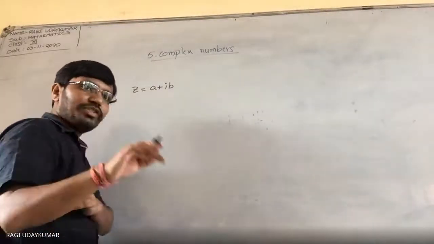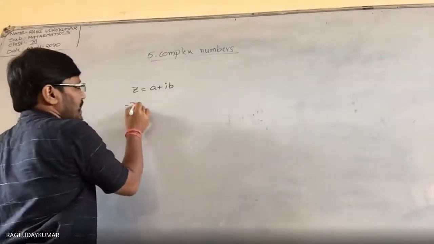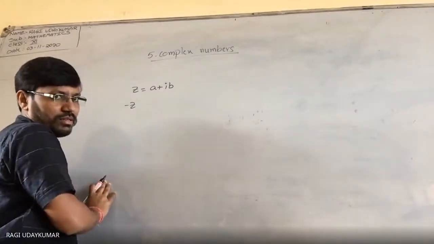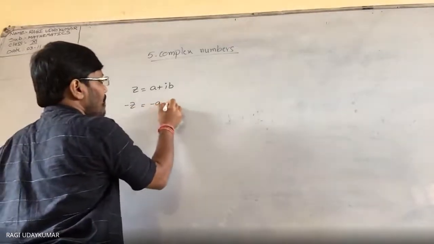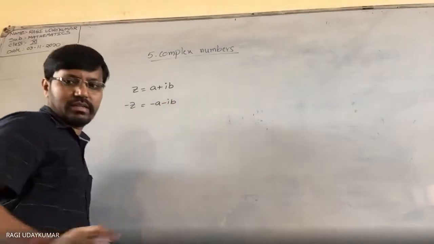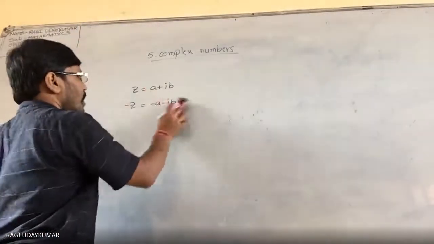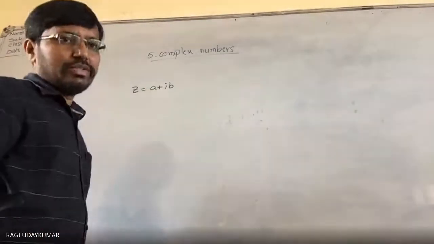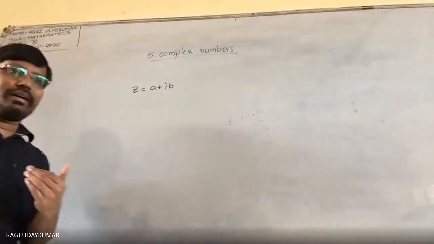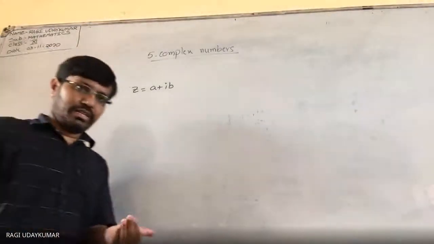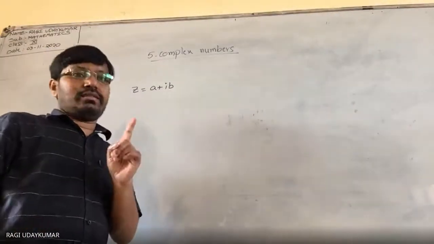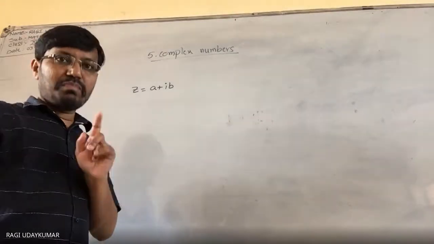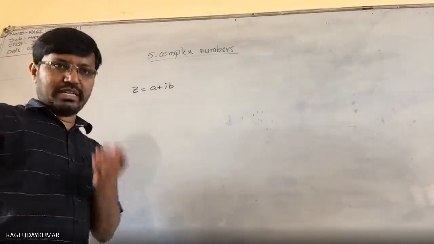The additive inverse of z is minus z, which equals minus a minus ib, because if you add this one, 0 you will get. 0 is called the additive identity. The multiplicative identity is 1, that is 1 plus 0i.